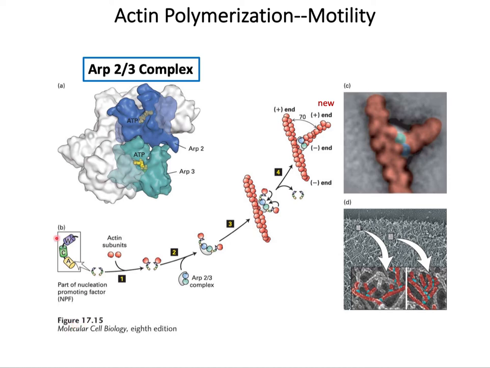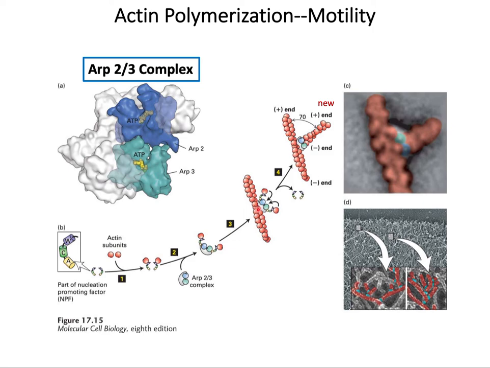When two NPF-actin complexes bind to the ARP2/3 complex as shown here, this interaction induces a conformational change of the ARP2/3 complex, and it attains a high affinity for binding to the side of the actin filament, right at step 3.